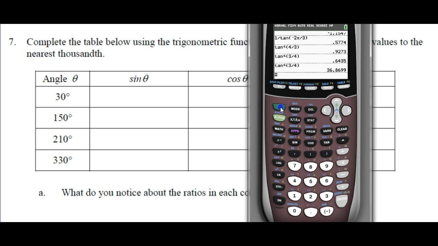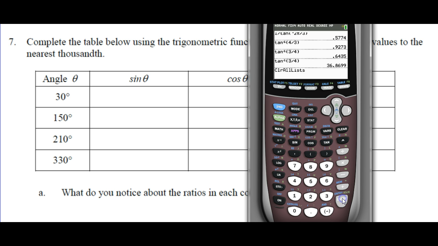We're going to do this. Second mem, number 4, clear all lists. I'm going to clear all the lists. I'm going to go into stat, edit, and in L1, I'm going to put in the angles I want. Have you guys never done a regression? Come on.